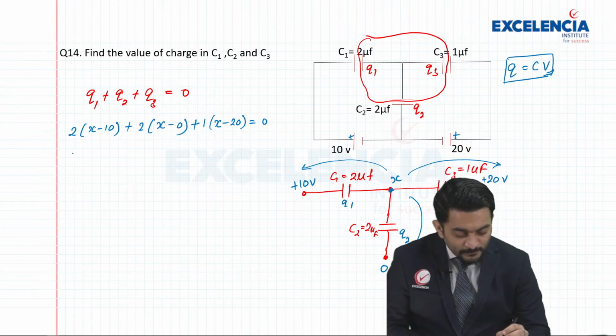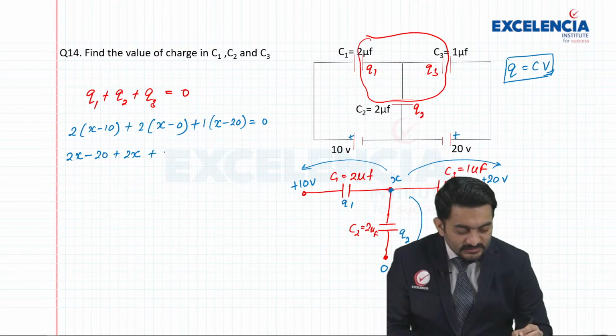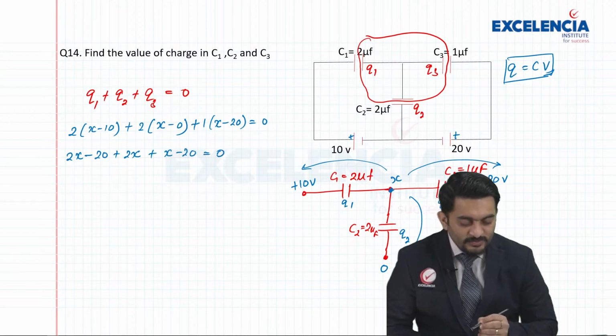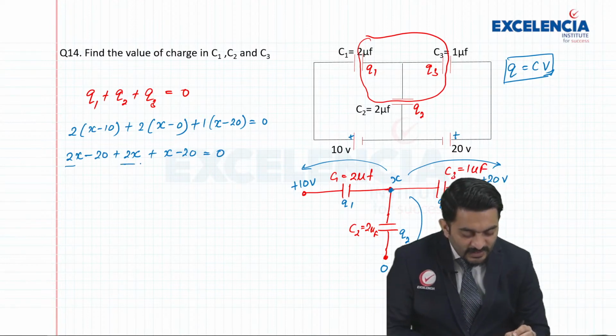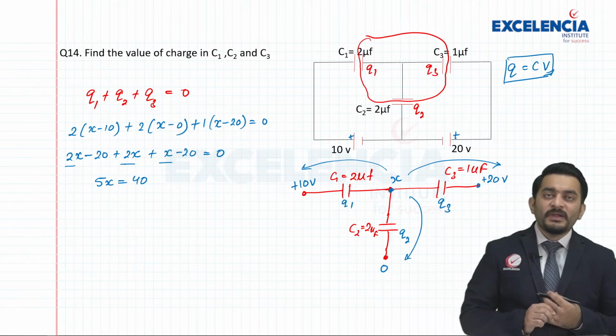So what we can do: 2x minus 20 plus 2x, 2 into 0 will be 0, plus x minus 20, the sum should be equal to 0. I can add the 2x, 2x and x, and write it as 5x, and then minus 40, if I take it to the other side, will appear as plus 40.